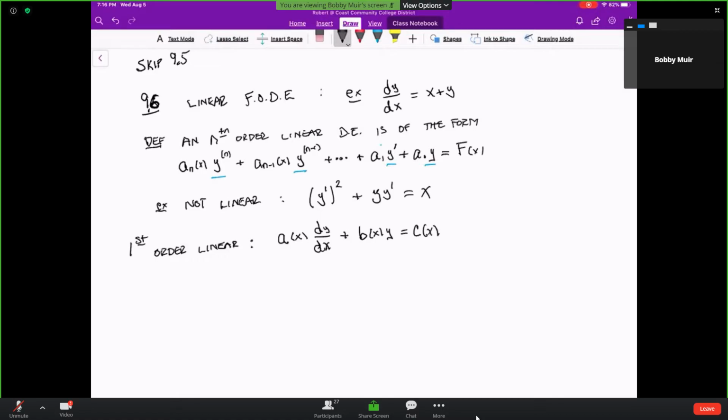We generally put that thing that doesn't hit the y on the right side. So by the way, if the c of x is identically 0, we call that homogeneous. Okay, so this is what it would look like. All right, now there's a standard form that we're going to put the problem in.